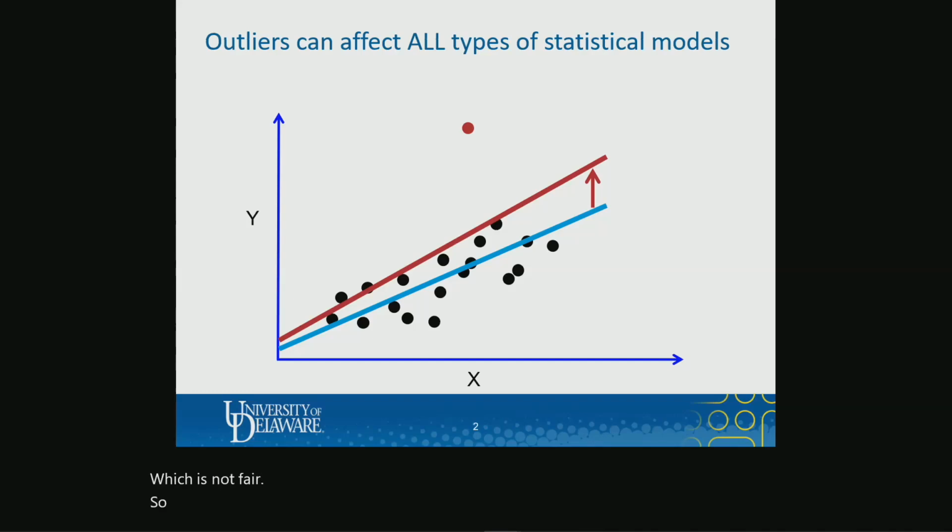So just one observation is changing the coefficients in your model. It's not what you want. So we want to deal with this outlier somehow. So we have an example, the taxi data set example.